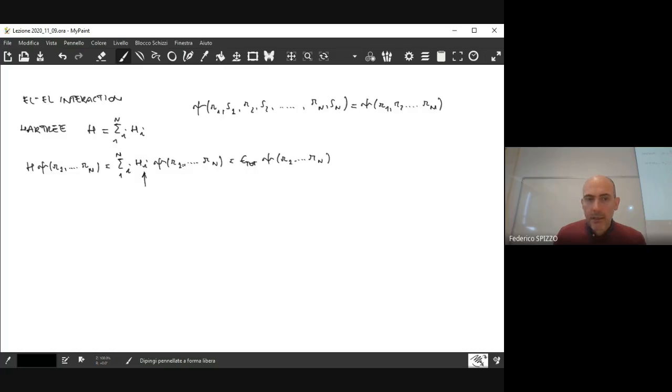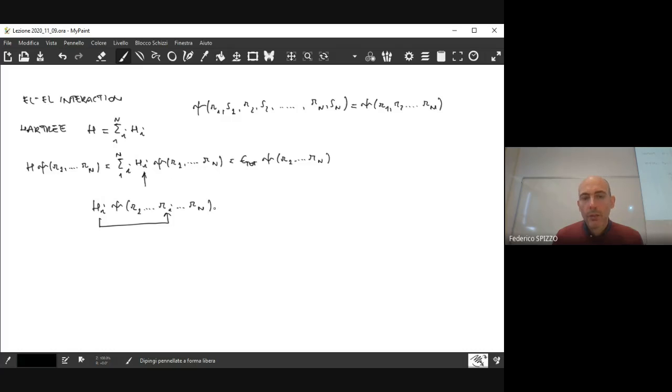Due to this fact, when we apply HI to this structure, only the coordinate of that electron is affected by the action of this operator. All the other coordinates are just coefficients.